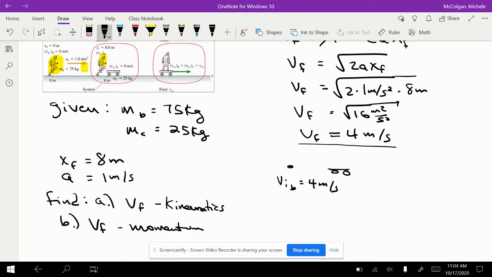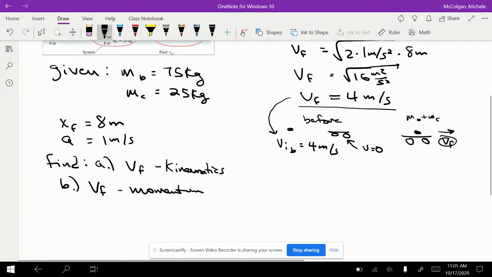This is before Bob jumps on, and this is after. I'm just representing Bob by a dot because I'm not good at drawing. The cart is still, so its v is equal to 0. Bob has a v equal to 4. And afterwards, I've got two masses, the mass of Bob plus the mass of the cart, moving at some v final. That's what I'm looking for.